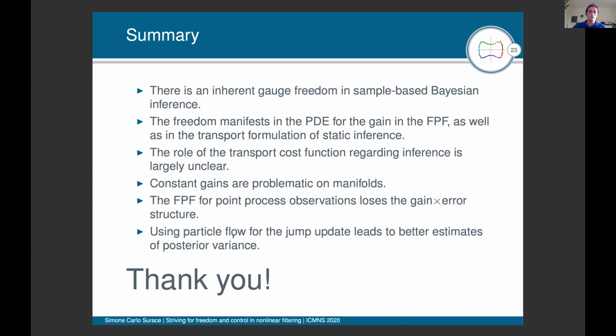For example, we could try to minimize other cost functions that have some relationship with physical quantities. If we think about dynamics in the brain, we could think about metabolic costs or costs of putting a filtering algorithm on hardware. And this is really the freedom we should use in order to find algorithms that best suit our purposes.